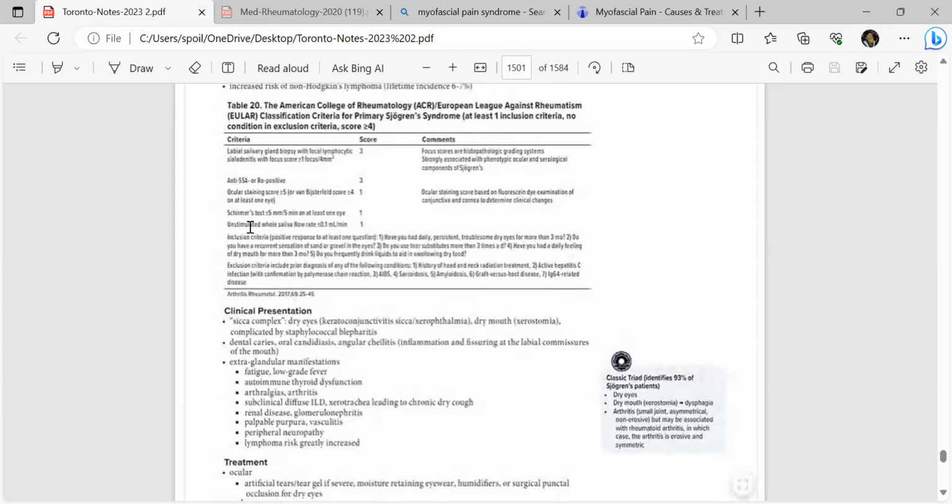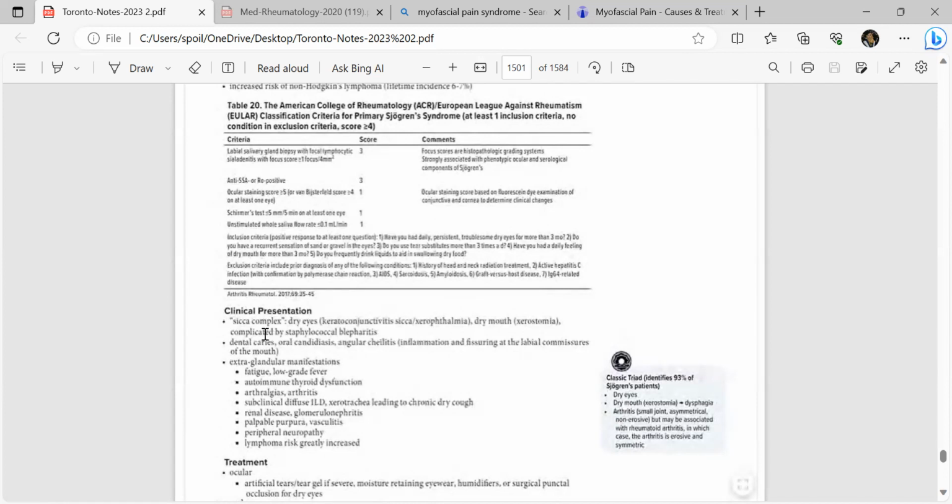Okay, and then we will do Schirmer's test of the one eye, and if it's less than 5 millimeter per 5 minutes, then the score is 1. This test is to check the tear production, and unstimulated saliva flow rate we check without any stimulant. We will check how much saliva the person is producing.